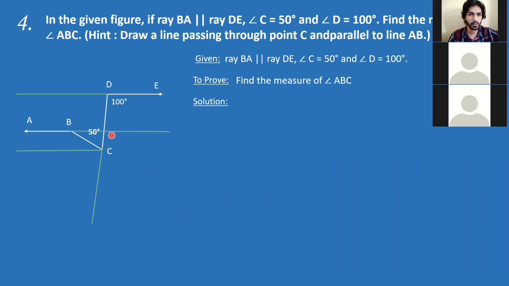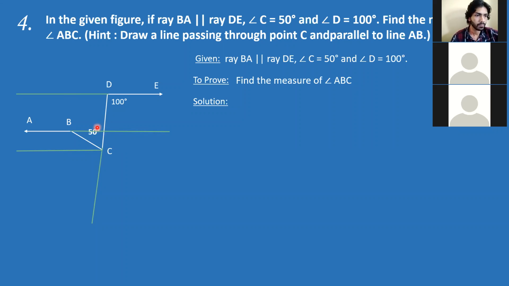Because your audio is not clear. This is 100, then using opposite angles, this will also be 100.